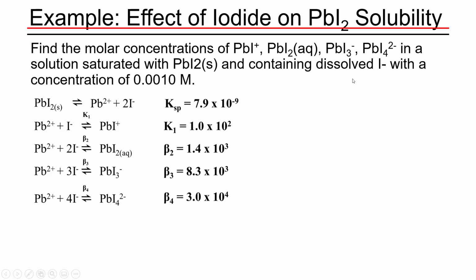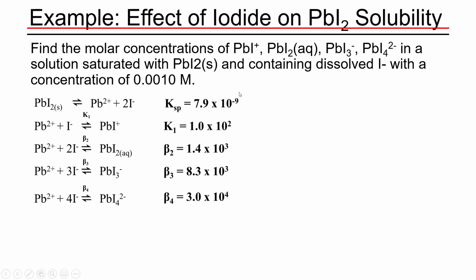So for instance, we can use the beta values and the Ksp to calculate the concentration of all lead-containing lead iodide species in a saturated solution of PbI2 if we know the concentration of dissolved I-.